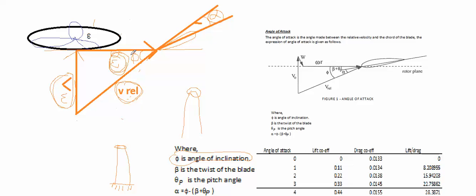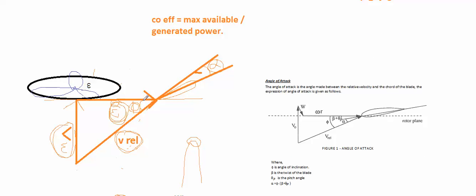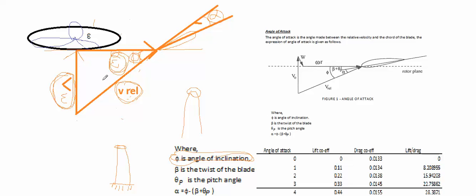This is the angle of inclination. Now this angle of inclination is a function of the wind velocity and a function of the linear velocity at which the element is traveling.